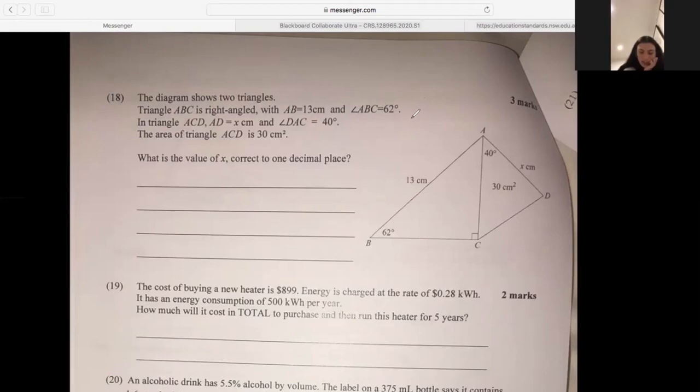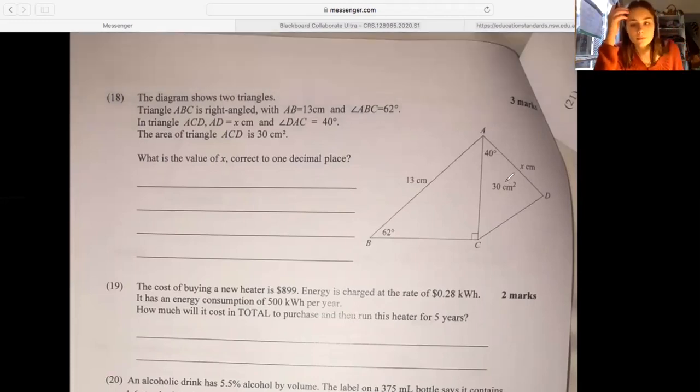The area of ACD is 30 centimeters squared.